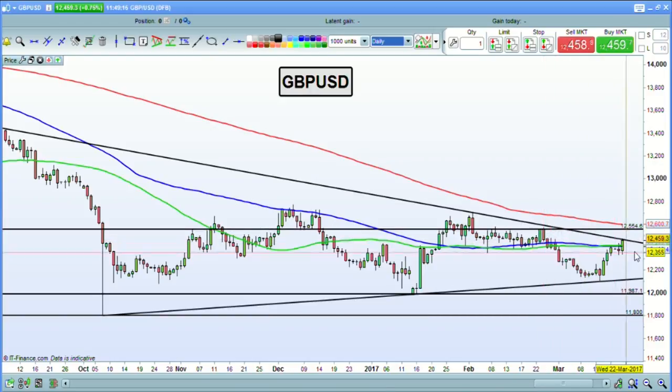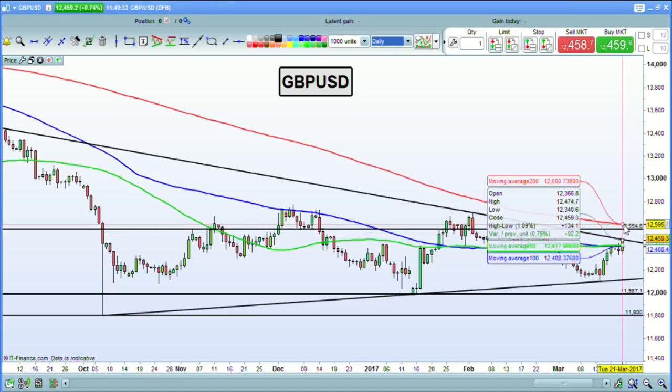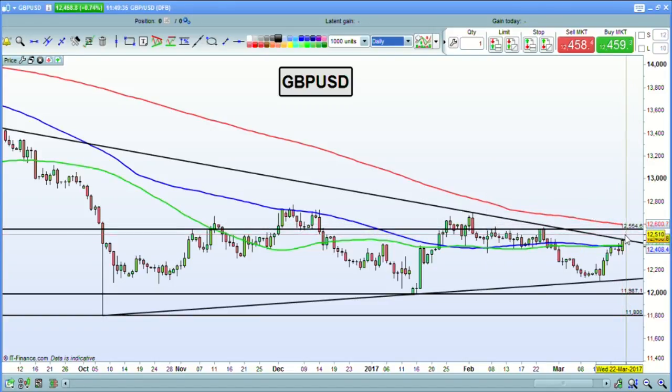If it gets there, it has to break that 125 big round figure, and we can see that we are hesitating at the top line of this symmetrical triangle. If it breaks above that, we've got relatively plain sailing up to the 125.54 level, and that coincides roughly with the 200-day moving average at 125.95. So we've got some upside potential there.